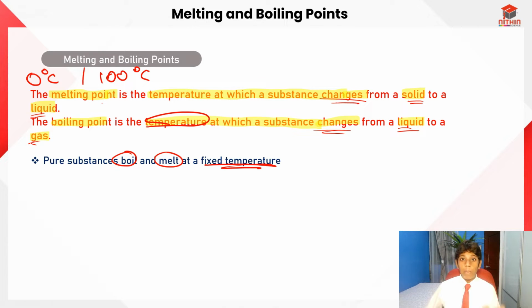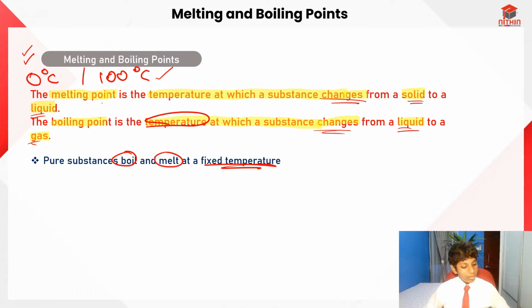Pure water melts at 0 degrees Celsius, freezes at 0 degrees Celsius, and boils at 100 degrees Celsius. Other pure substances have different melting and boiling points, but the common thing is that they boil and melt at a fixed temperature.